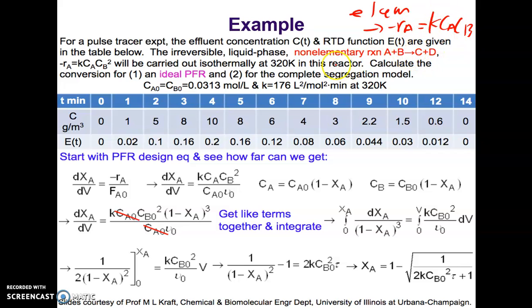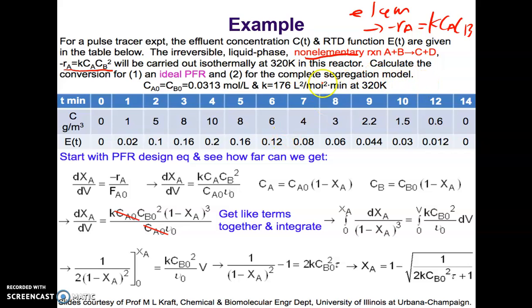This is elementary, but this is non-elementary, so that's why the reaction rate is this thing. The reaction will be carried out isothermally at 320 K in this reactor. It doesn't mention what kind of reactor, but here, number 1, calculate the conversion for an ideal PFR, and number 2, for the complete segregation model.